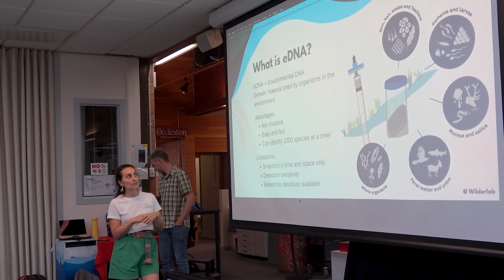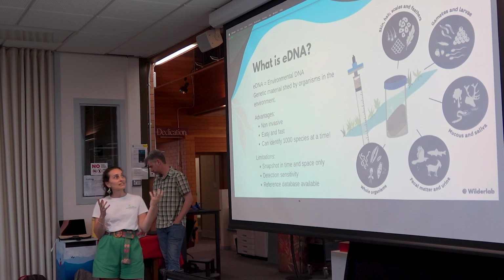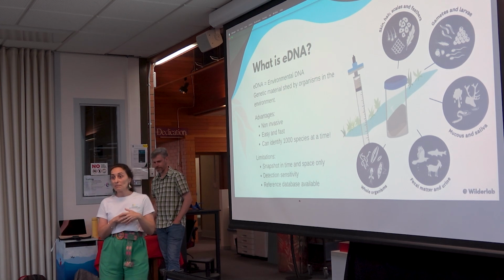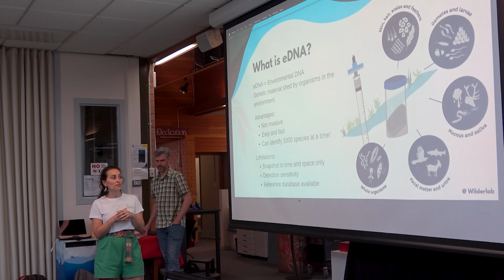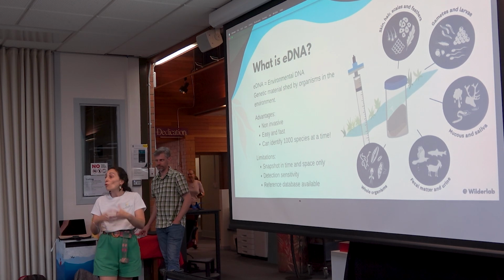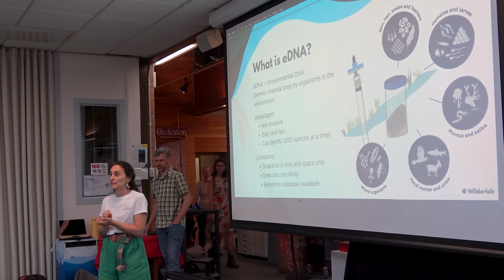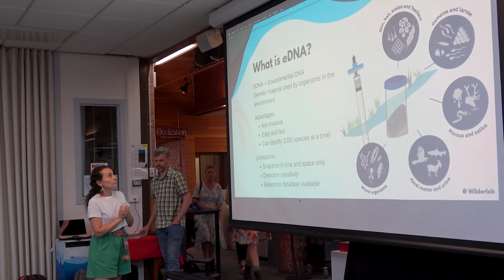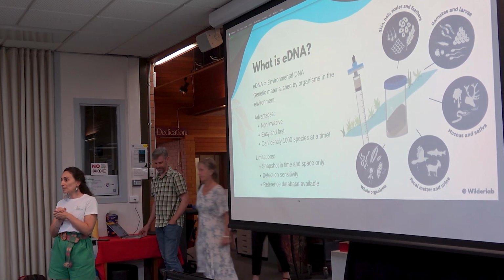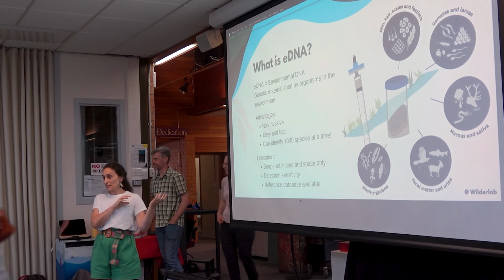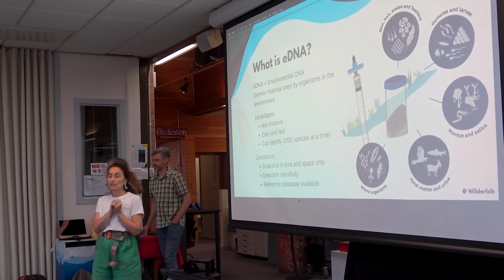This genetic material can be skin, hair, scales, feathers, gametes, eggs, mucus, saliva, fecal matter, urine, or even a whole organism when these are very tiny. So exactly what we've done, we sampled the water of the creek, and we've been looking at what genetic material we can find in the creek.